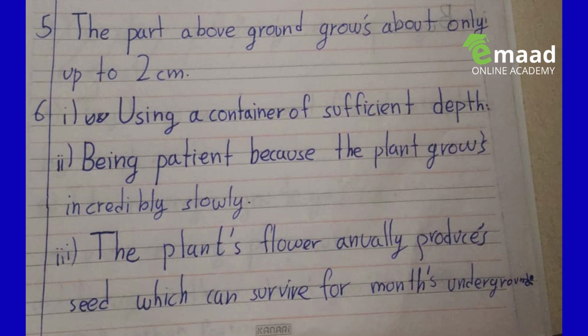So is the apostrophe correct or not? The plant's flower, apostrophe here, produces, apostrophe here, seed, which can survive for months underground, apostrophe S here. So you have to see which S is correct and which is not. Also add a reason for your answer.